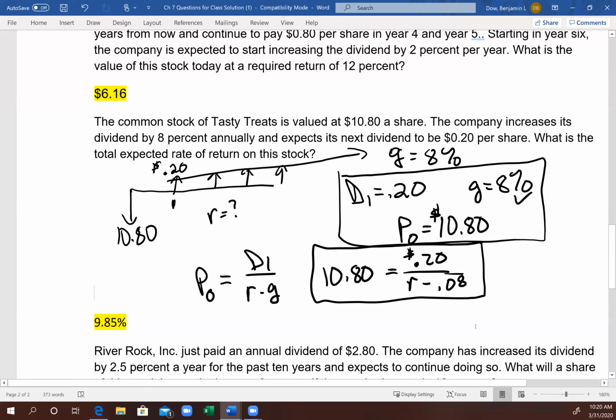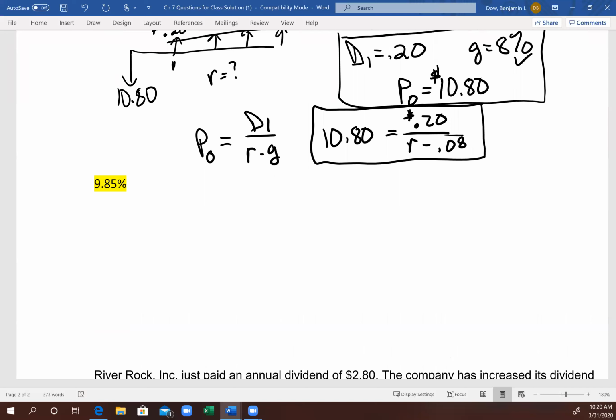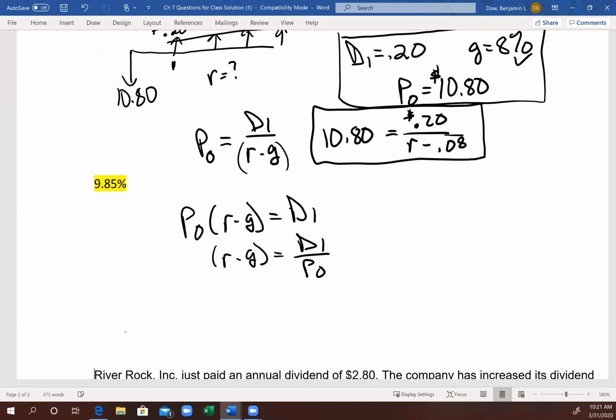Okay, well, luckily for us, this is one equation with one unknown, and we can solve for it. We just have to do some rearranging. P0 times R minus G is equal to D1. So then R minus G is equal to D1 over P0. So then R is equal to D1 over P0 plus G.